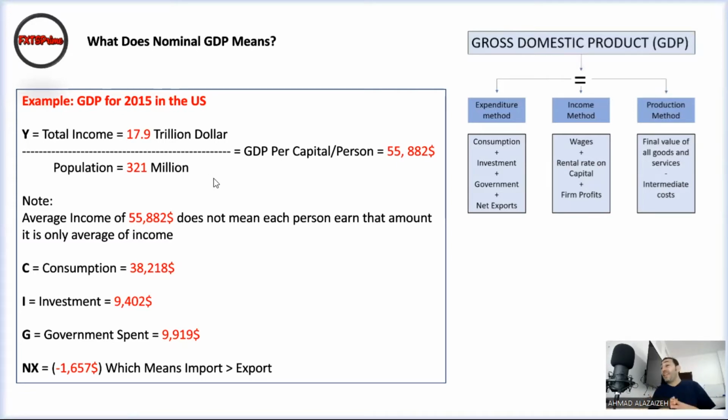Now the personal income, or the GDP per capita, per person: if you take the $17.9 trillion and divide it by the 321 million population, you will end up with a GDP per capita of $55,882 for each person.